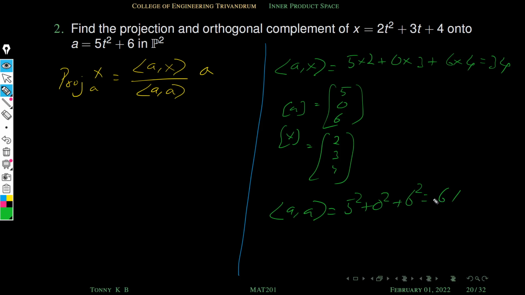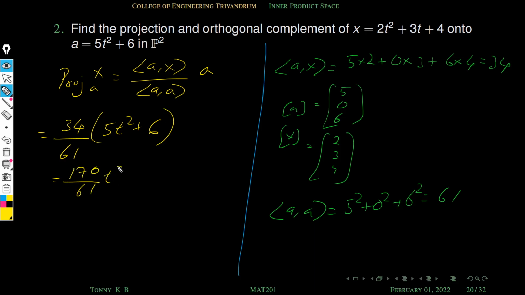Now you can evaluate this projection. This is equal to 34 by 61 into a. A is equal to 5t square plus 6. If you expand this bracket, this becomes 170 by 61 t square plus 204 by 61. So this is our projection, that is our u. Next you have to find the orthogonal complement. How to find the orthogonal complement?